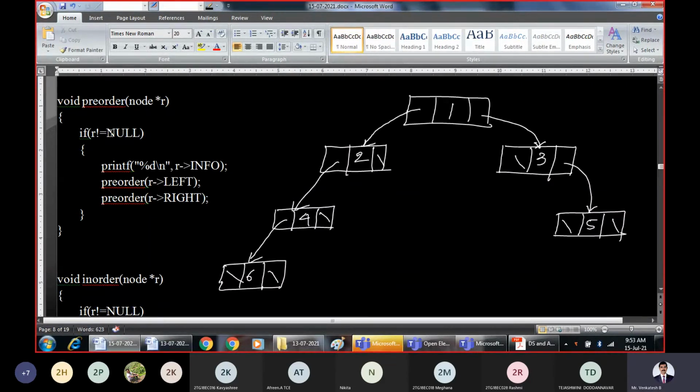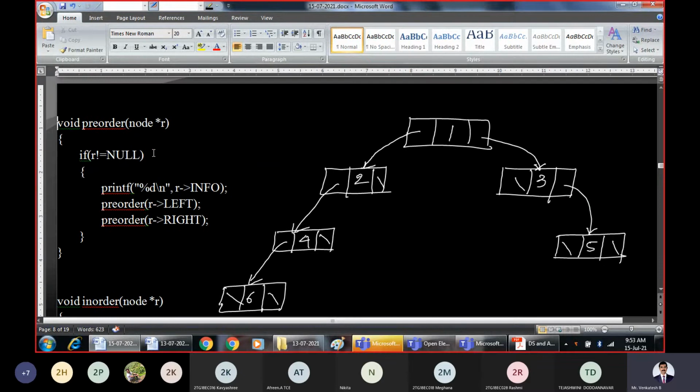Now we have to study 3 types of traversals for this tree. This is just for our understanding purpose. In the beginning I have written like this, but in fact when you are supposed to draw the tree, you have to write it like this. Simply you have to represent the node's value only, information only, because we know that left pointer points to left subtree, right pointer points to right subtree.